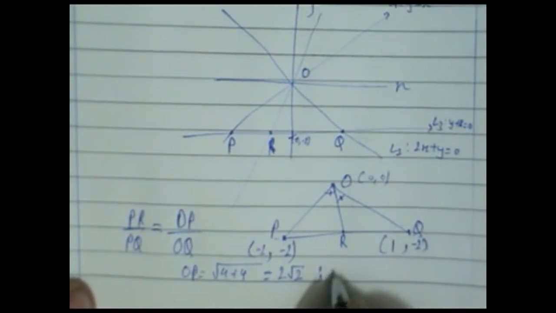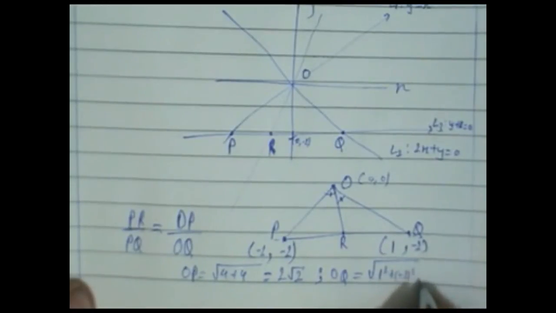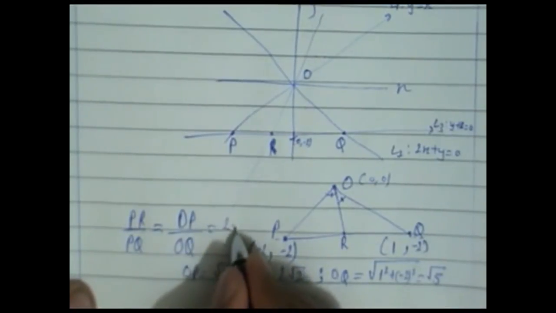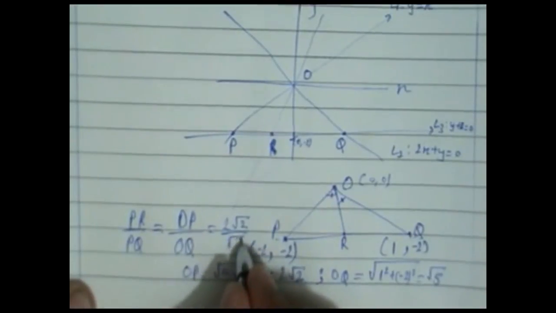Now let us find OQ. This will be square root of 1 square plus (-2) square. So this will be square root of 5. So the ratio will be 2 square root of 2 divided by square root of 5.